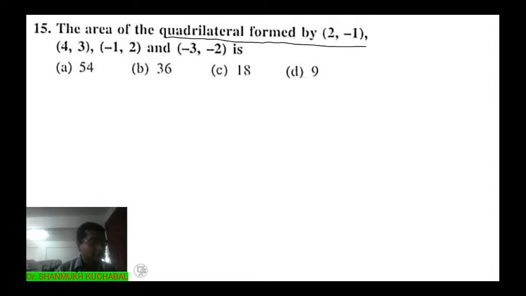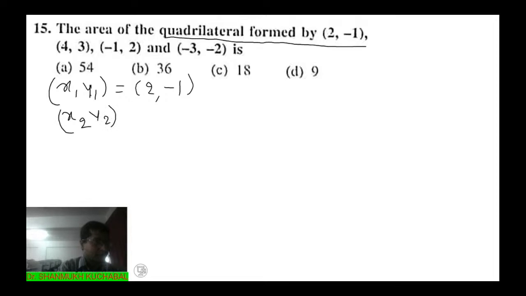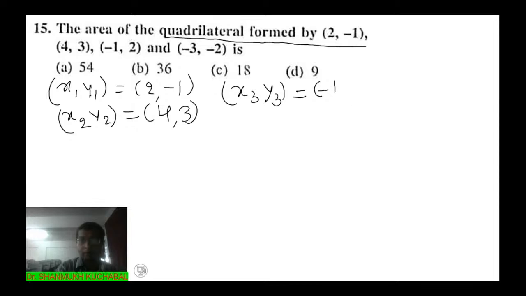We'll define the coordinates first: (x1, y1) equal to (2, minus 1), (x2, y2) is (4, 3), (x3, y3) is (minus 1, 2), and (x4, y4) is (minus 3, minus 2).